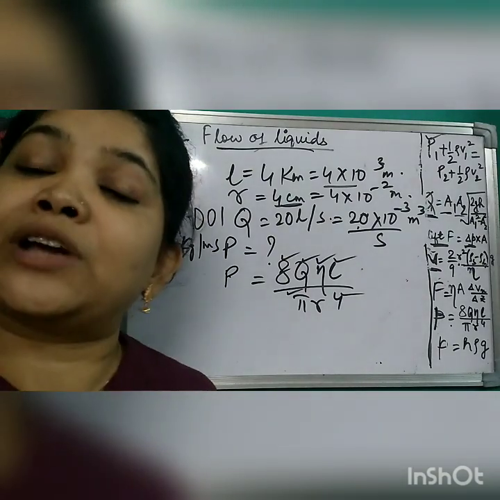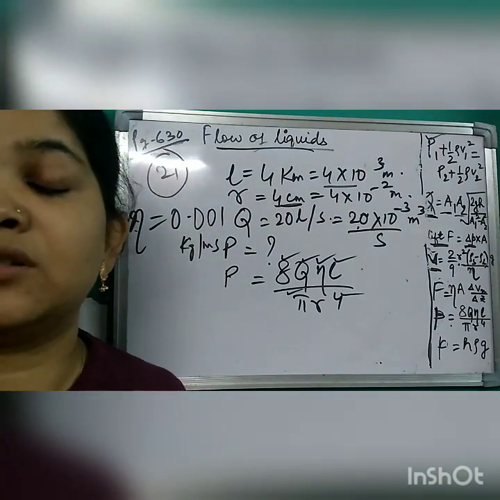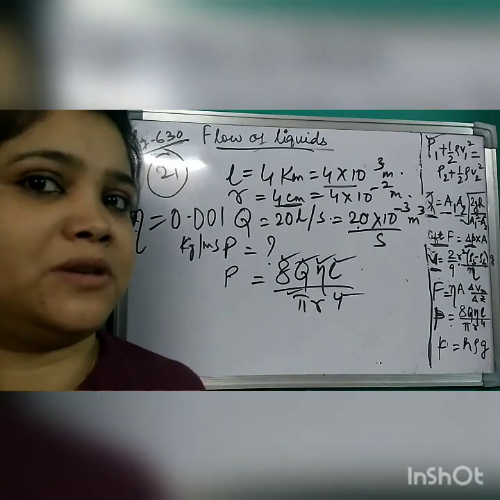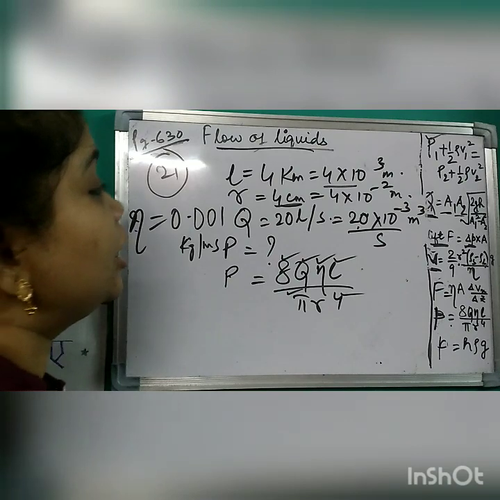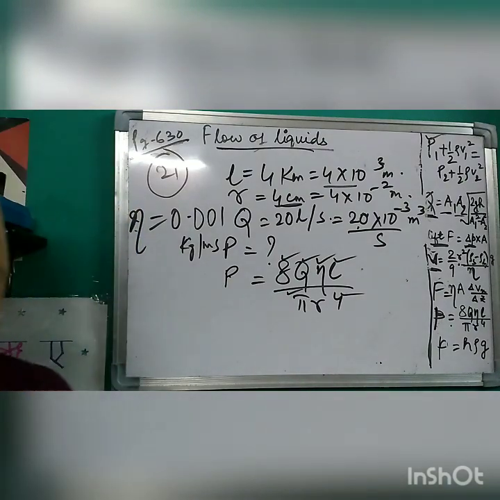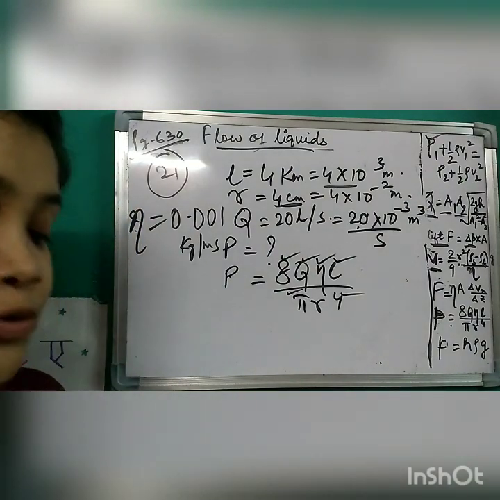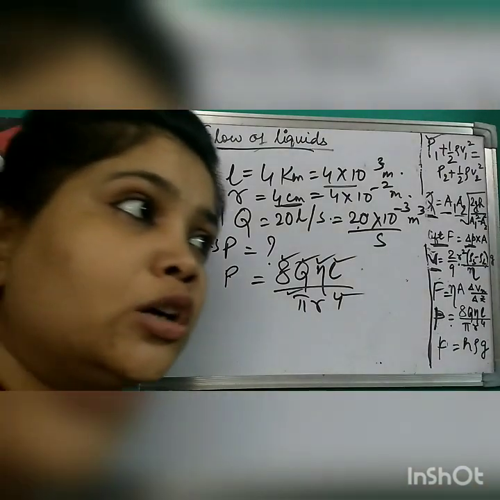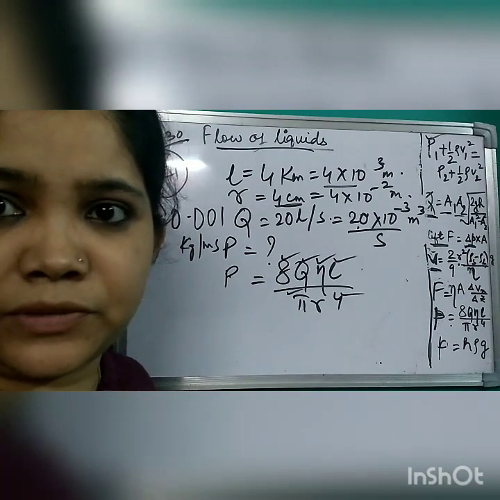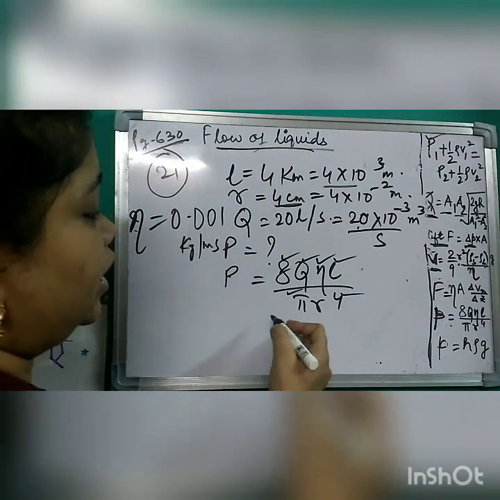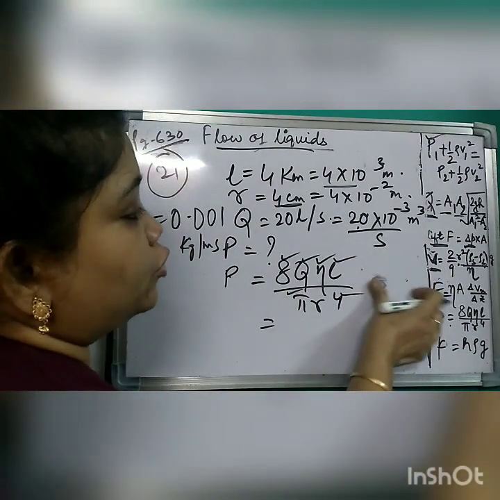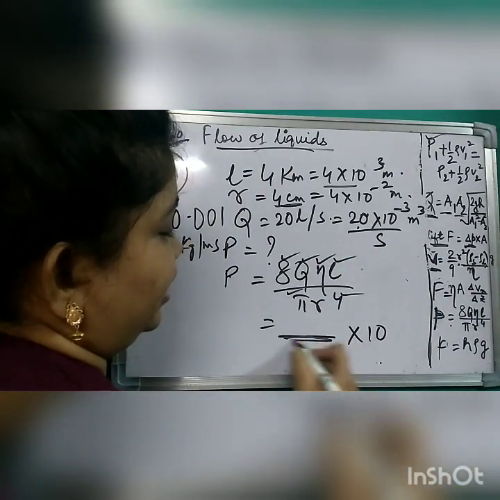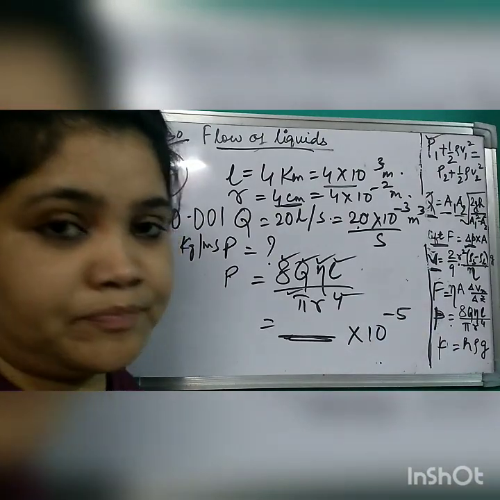After you get the pressure, you convert this pressure into Newton per meter square. After you solve this sum, you get it in pascals. So to convert it into atmospheric pressure, whatever value you're getting after solving, multiply by 10 to the minus 5.